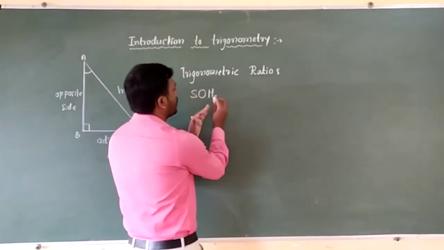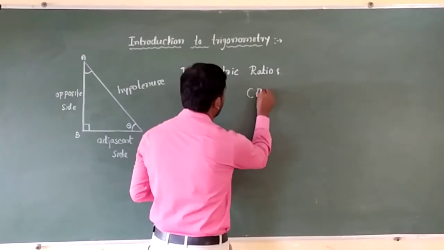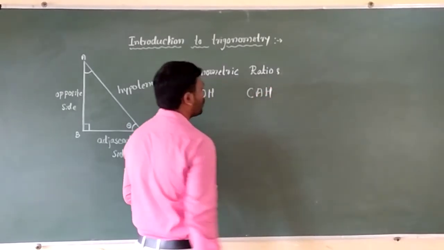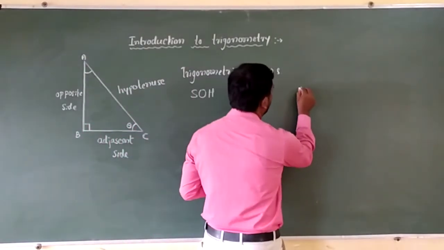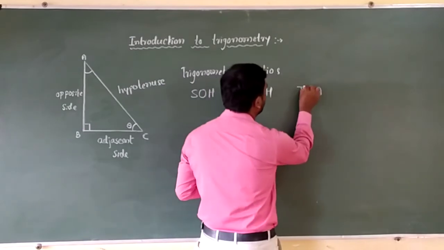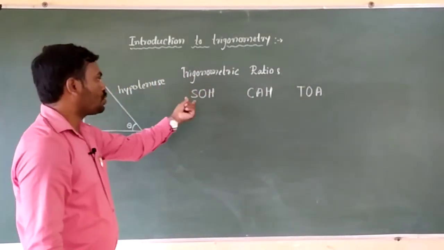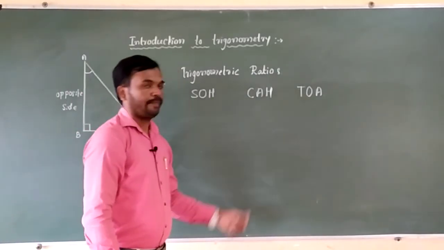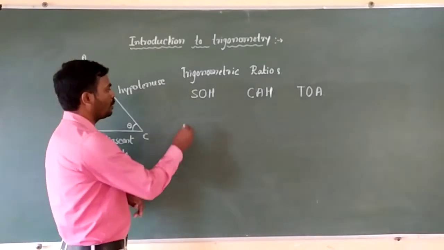Next, cos is adjacent by hypotenuse. Tan is opposite divided by adjacent. So in this way, by writing the 9 letter word SOHCAHTOA, by using this trick also we can write the 6 trigonometric ratios.